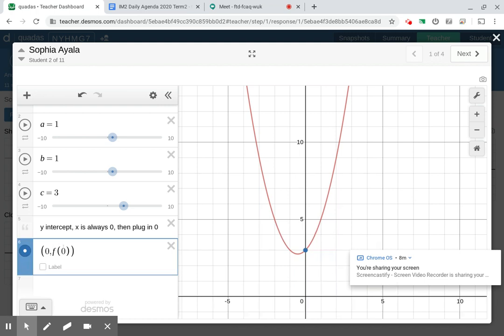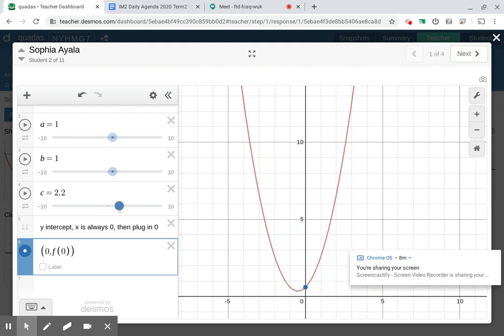And f of 0 means go plug in 0 into function name f. Okay. So you're going to put parentheses 0, f of 0. This means go plug in 0 into the function. And look, it makes me a dot right on the y-intercept. No matter what, the dot moves with it.